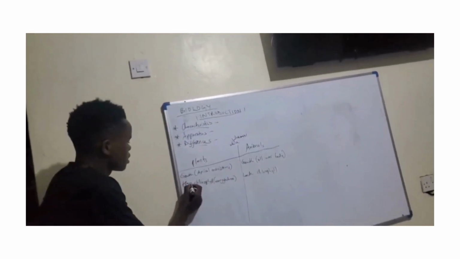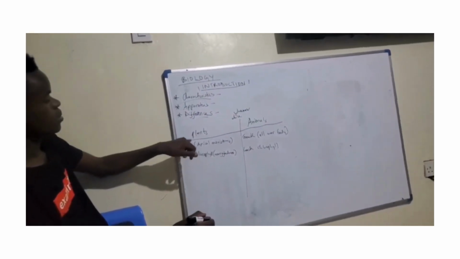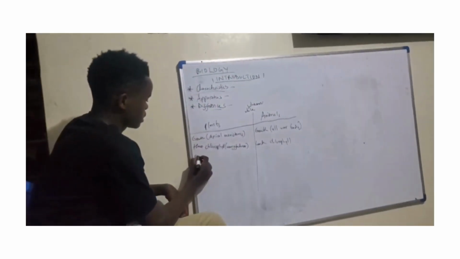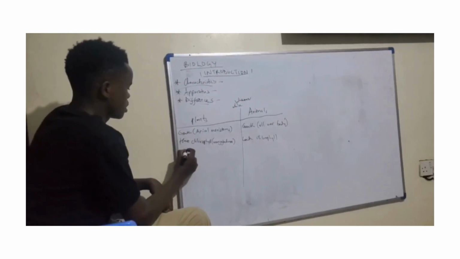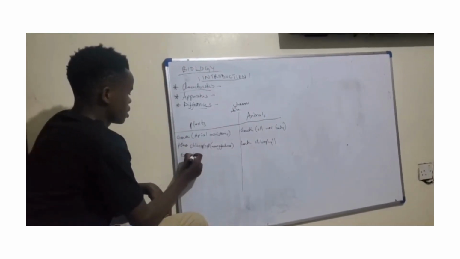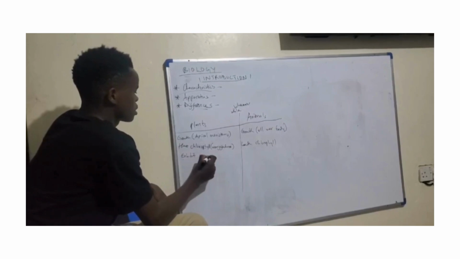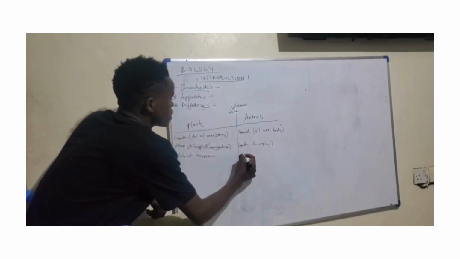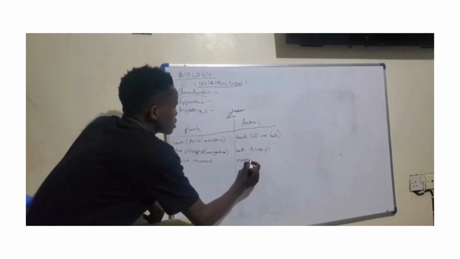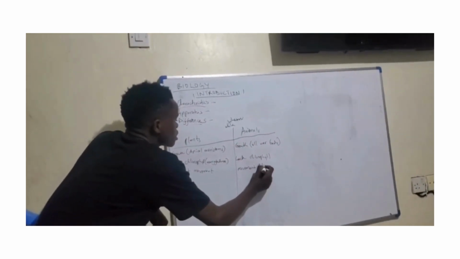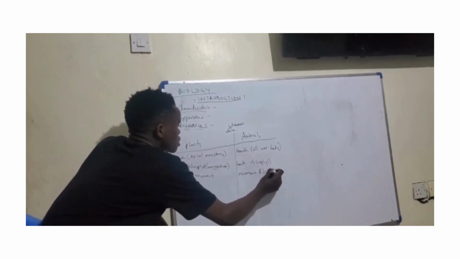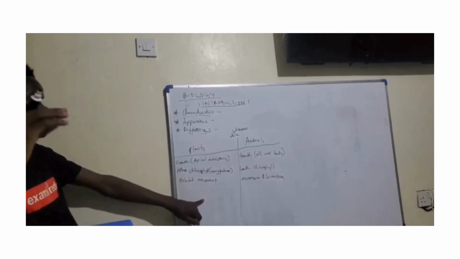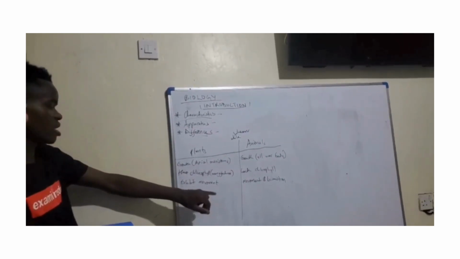Now we go to the third difference. When you talk of plants, they exhibit movement. And when we talk of animals, they exhibit both movement and locomotion. Why am I saying this? Because remember what you said about movement. Movement is the change in position of a part or parts of an organism.